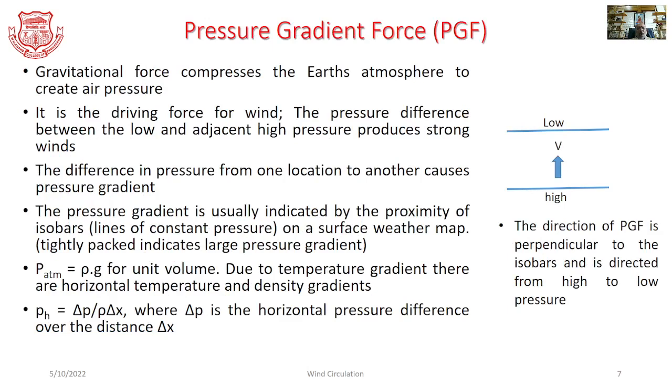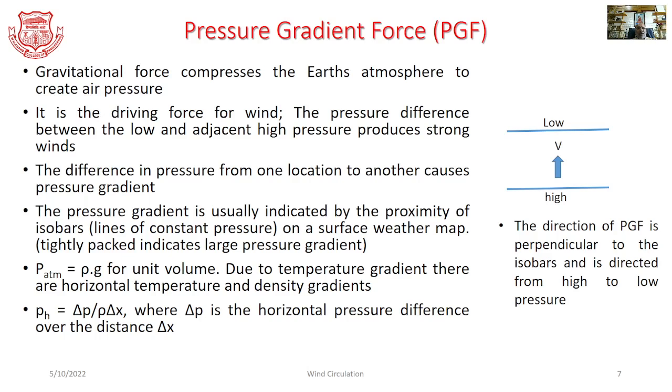We thought of this atmosphere, the gaseous envelope which is surrounding the Earth's surface. It is firmly attached with the Earth. And this attachment is only because of the gravitational force.